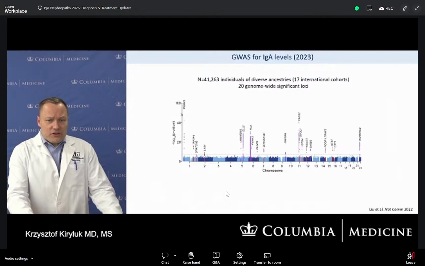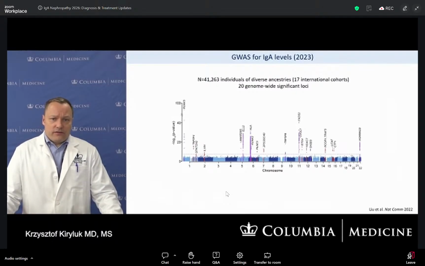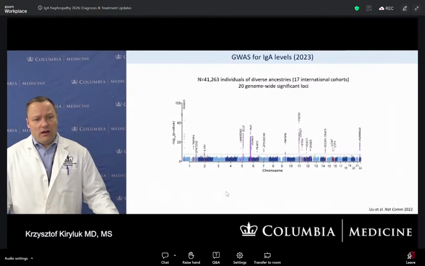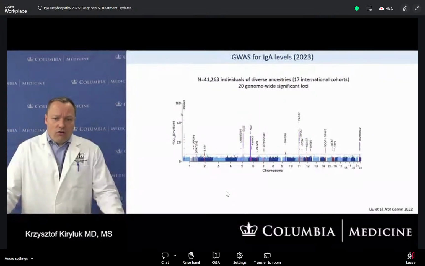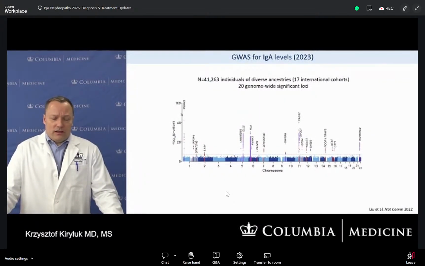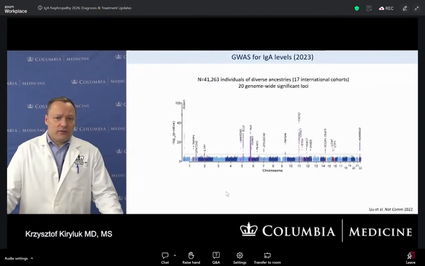So I mentioned also that we're interested in the genetics of IgA levels. So we also invested a lot of effort into meta-analyzing population-based cohorts with measurements of circulating IgA levels.